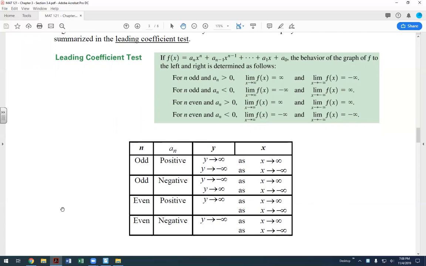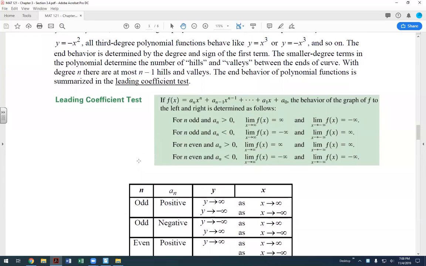So it comes down to, if this is my polynomial, I'm only looking at my leading coefficient. A sub n in this notation means the constant number, which is your coefficient in front of the x value. The x to the n is talking about the highest degree on the x value. So the n that we're talking about here is this number here.